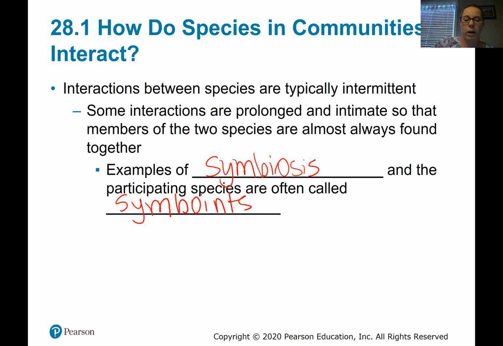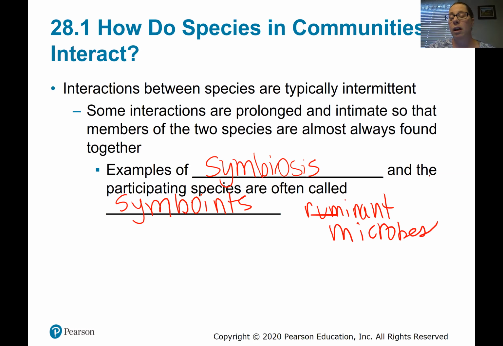And so we talked about the ruminant microbes. You could also talk about the human gut microbes, the bacteria and so forth that live in our gut. And you could also look at lichens. You guys remember lichens?